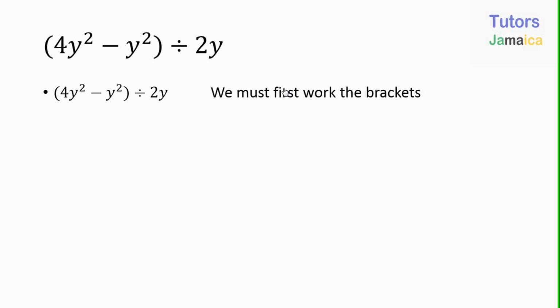So we keep the y squared part, but we subtract 1 from 4, because as we said before, 1y squared is the same as y squared. So we have 4 minus 1 times y squared divided by 2, so what we end up with is 3y squared divided by 2y.